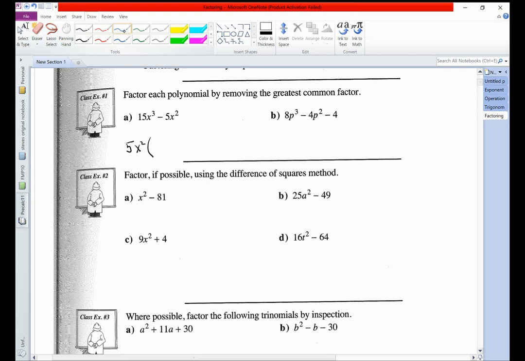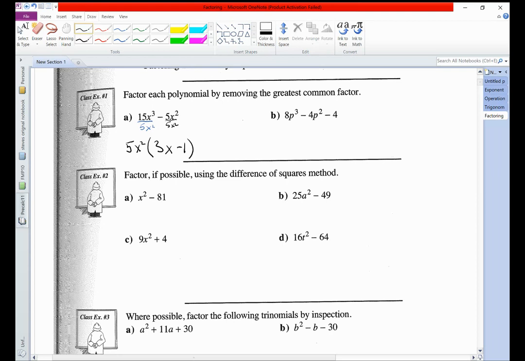So you can think of it as dividing. If I divide this by 5x squared, the first term I'm left with 3x, and the last one I'm dividing 5x squared out of 5x squared, so it's going to become 1. So that polynomial can be factored by removing a greatest common factor. The greatest common factor was 5x squared, and then we have to rewrite the binomial with what is left.